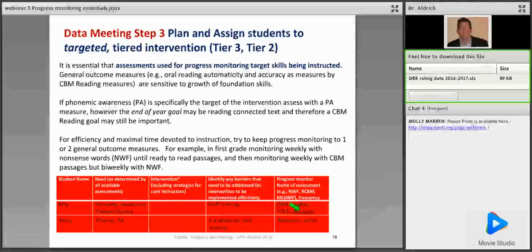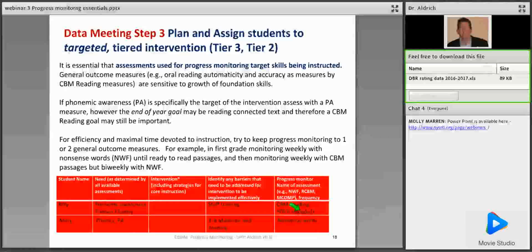So at the data meeting, where you're getting your ducks in a row at the beginning of the year, it's essential to map your progress monitoring tool to both your current target for intervention, as well as what you'd like the student to achieve at the end of the intervention period. Typically we're going with a fall to spring goal, and that's some of the examples that I'm going to be using.